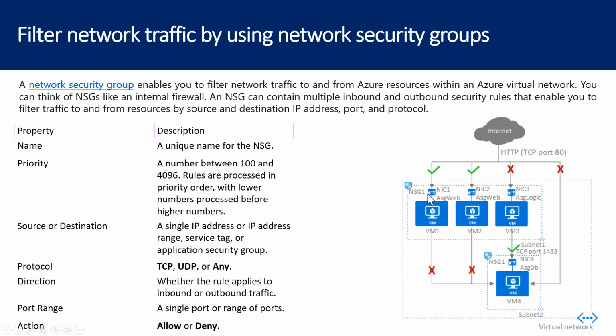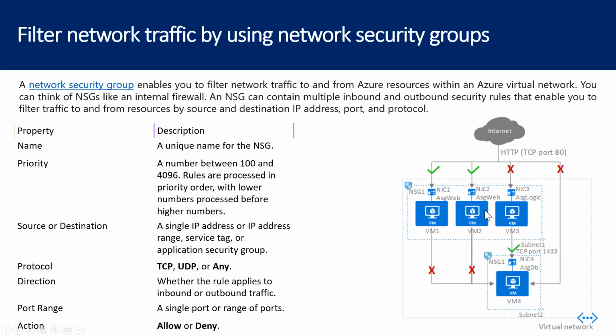It is actually similar to a firewall, but it is on the subnet and network interface level. On the subnet level, I create an NSG, and I'm saying any inbound to virtual machine 1 and 2 is allowed, but virtual machine 3 is not allowed. That's why it shows a green tick box here and an X here.